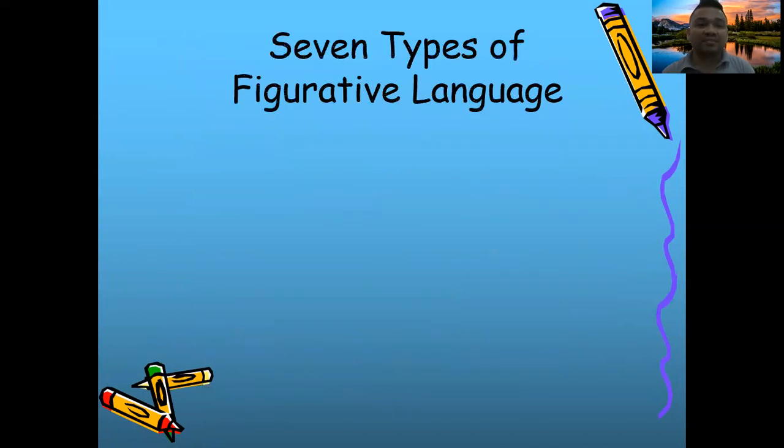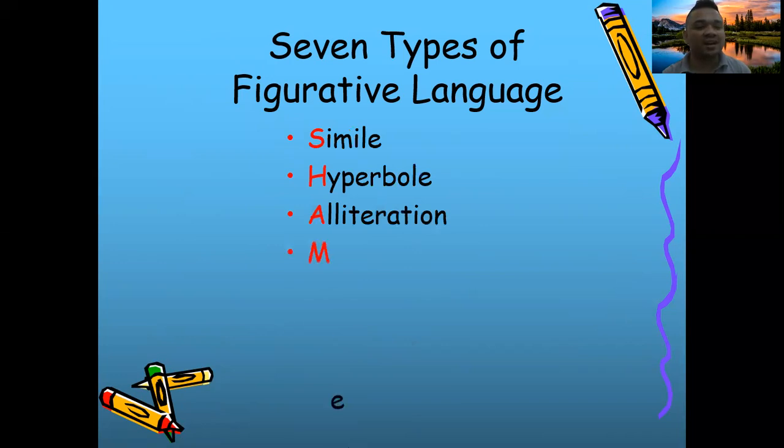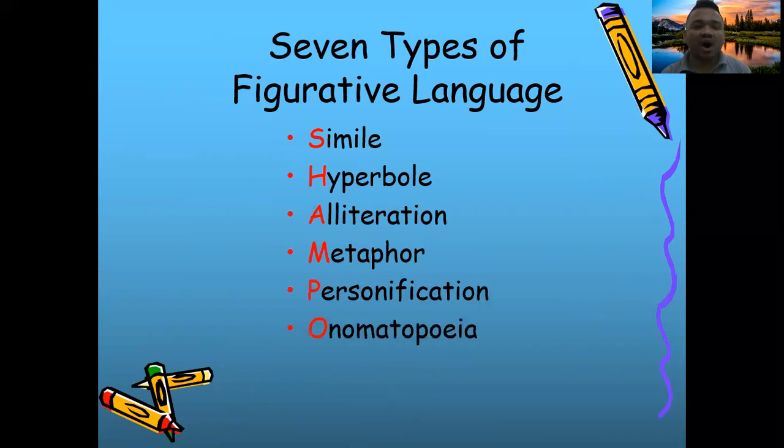Now, there are actually seven types of figurative language: simile, hyperbole, alliteration, metaphor, personification, onomatopoeia, and of course oxymoron.